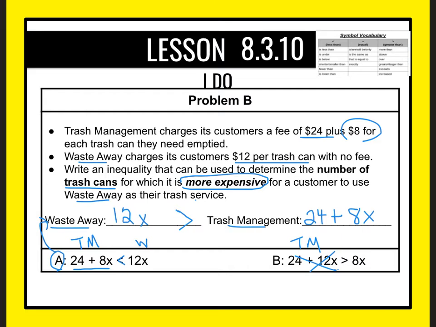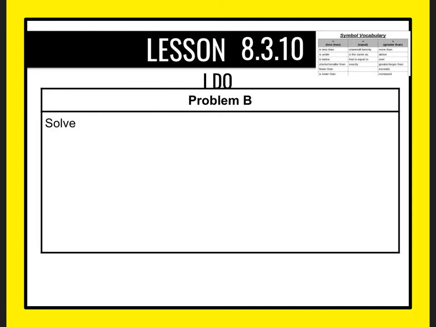So I'm going to take this inequality. I'm going to solve it. So it was 24 plus 8x, right? And we were looking at when trash management, and this is, waste management, Waste Away should be greater than or more expensive than trash management.